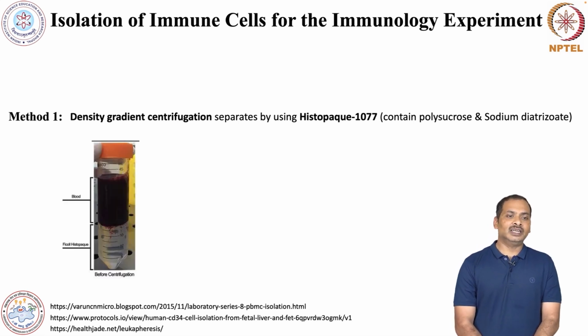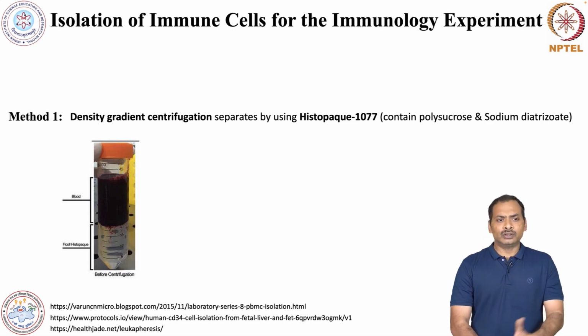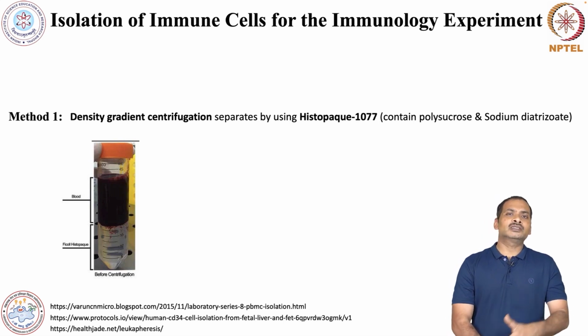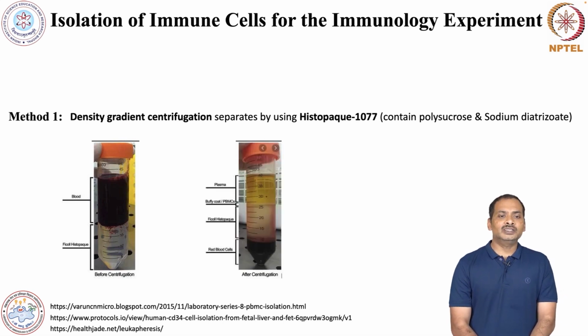Initially it will be like this, here you can see in this image that at the bottom there is Ficoll histopaque, and over it is the diluted blood, okay. And then you spin, and after spinning you will see something like this, okay.